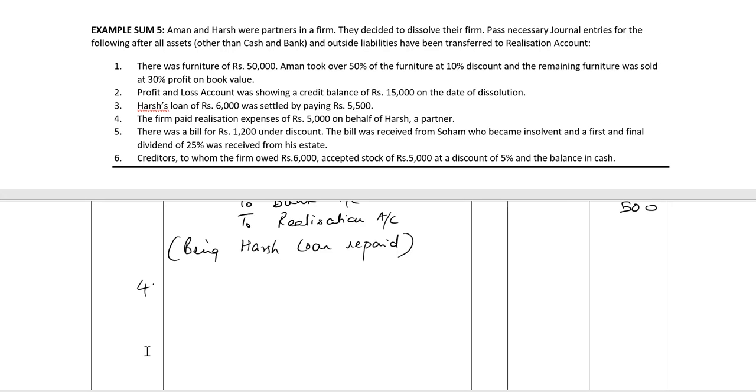Question 4. The firm paid realization expenses of rupees 5,000 on behalf of Harsh, a partner, to be borne by partner but paid by the firm. The journal entry, Harsh capital account debit to bank account, 5,000 rupees.